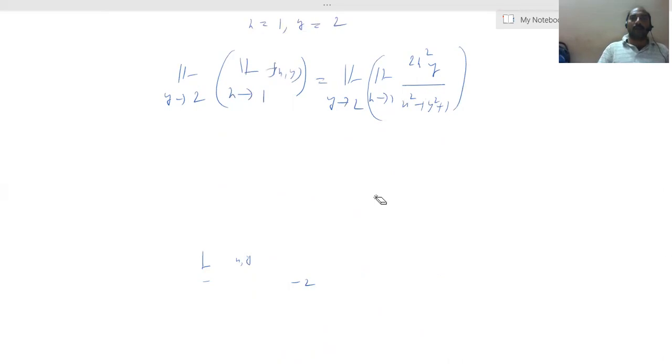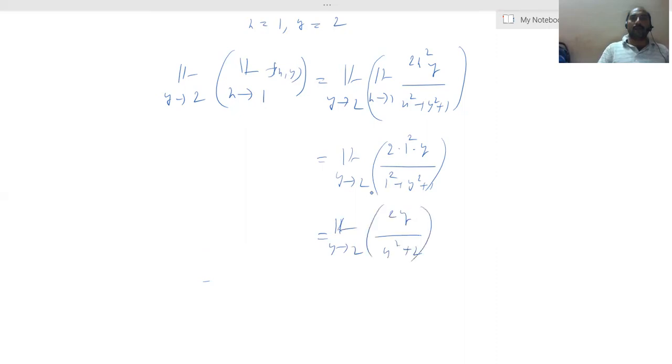See what the resultant of the function is. Substituting the x value, it becomes 2 into 1 square into y by 1 square plus y square plus 1. Now substitute the y value, or first simplify, then substitute. This becomes 2y by y square plus 2, since 1 plus 1 is 2.